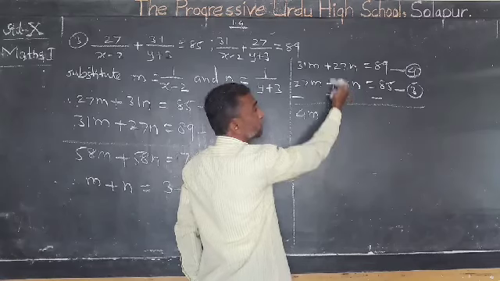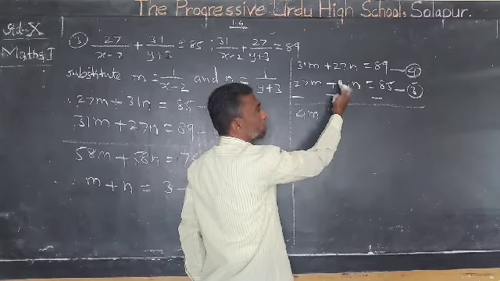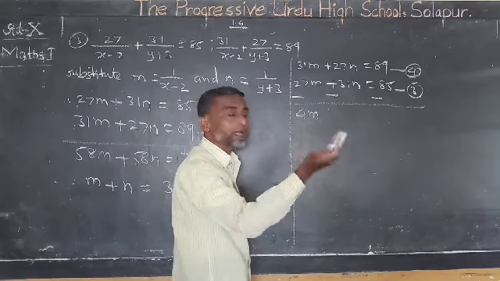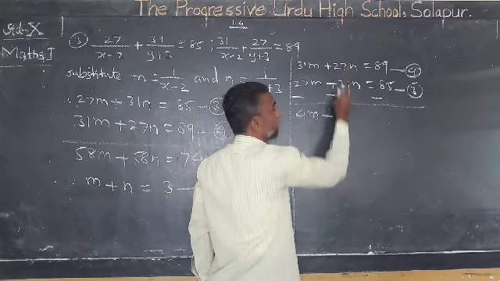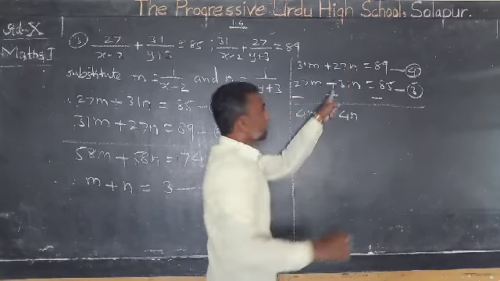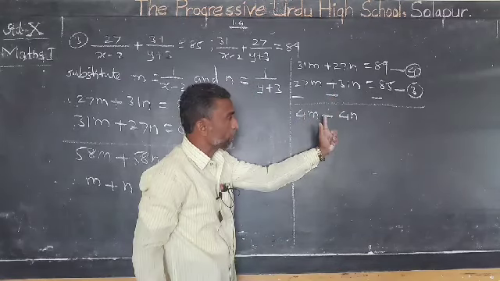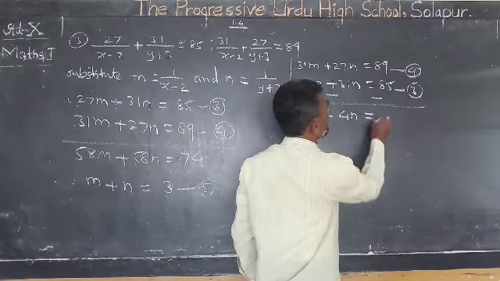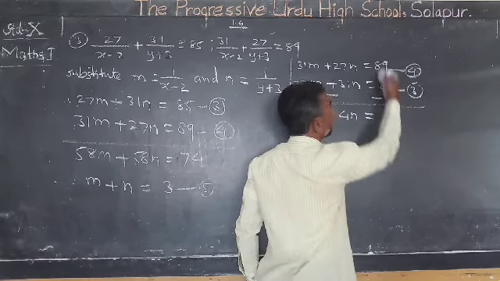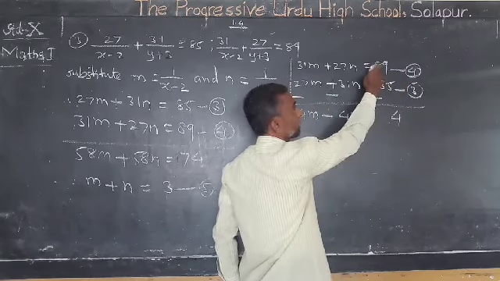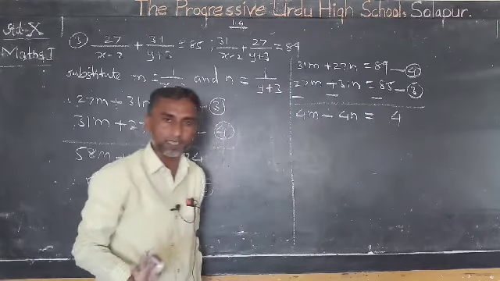Now, here the signs are different, so you should give the sign of the greater number, therefore minus. So, 31n minus 27n is 4n, and the sign of the greater number is minus. So, I have written minus sign is equal to 89 minus 85, it will remain 4. The sign of the greater number is positive, write it as it is: 4.